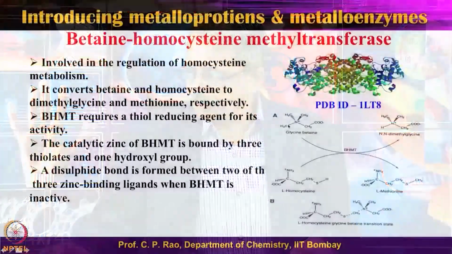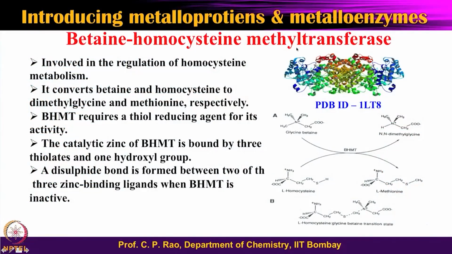The example shown here is betaine homocysteine methyl transferase. It basically transfers the methyl moiety. As you can see over here, this is called glycine betaine. It will go into N,N-dimethyl glycine, and this is coupled with homocysteine going to methionine.